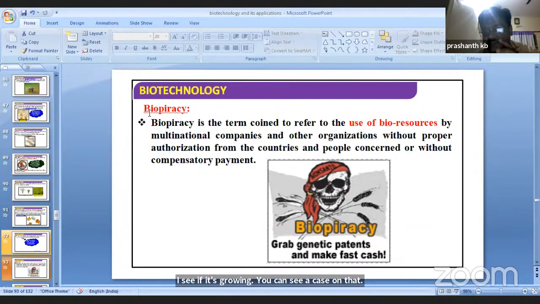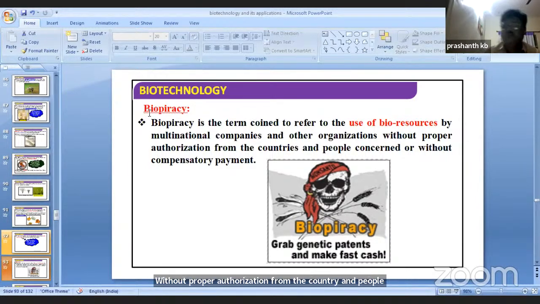Same as piracy means copying without the permission of the owner. Biopiracy is nothing but multinational companies and other organizations using a product without proper authorization from the country and the people who invented it.